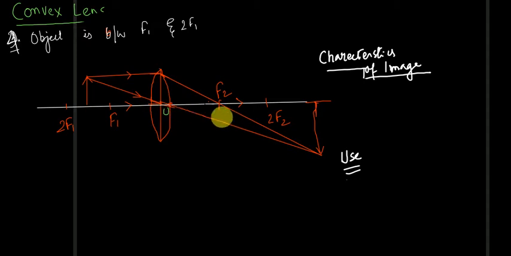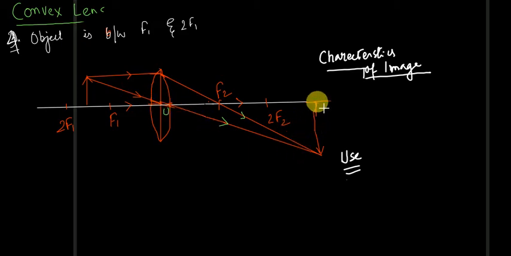Do show all the arrows, otherwise marks will be deducted or they may not give you any marks. So arrows are very important in a ray diagram. The ray passing parallel to the principal axis is incident on your convex lens and is going to pass through the second focus. Another ray is passing undeviated.